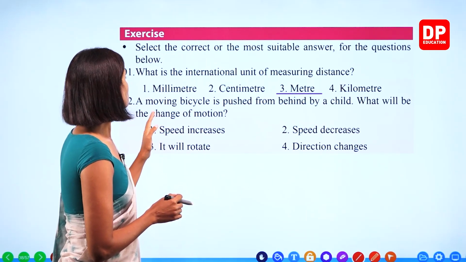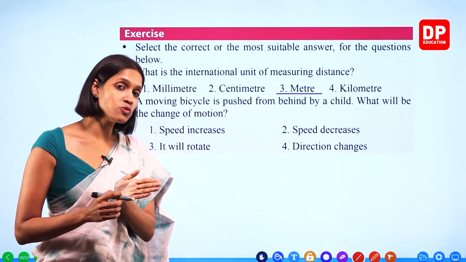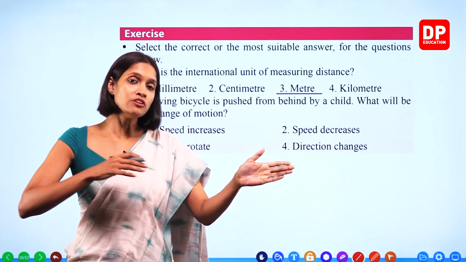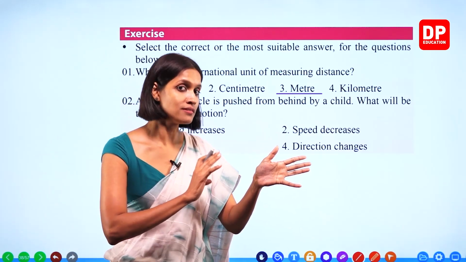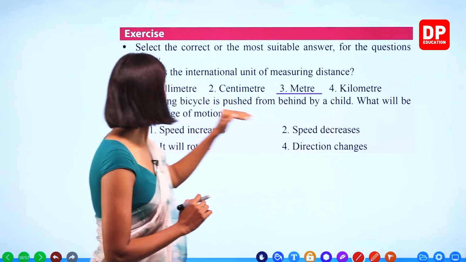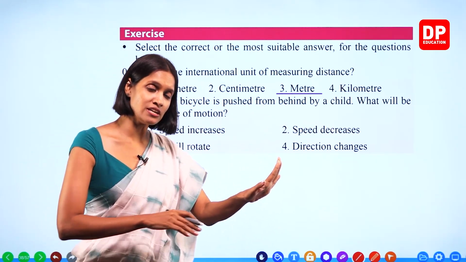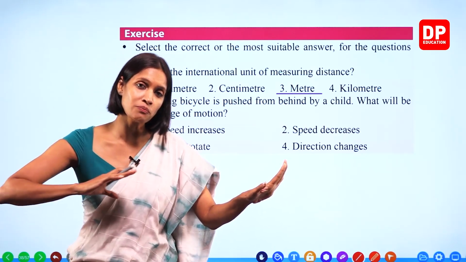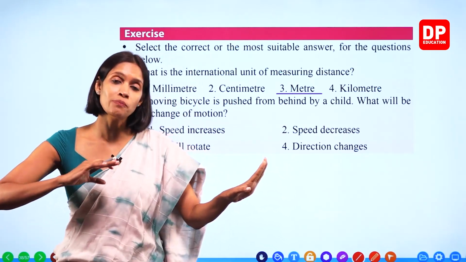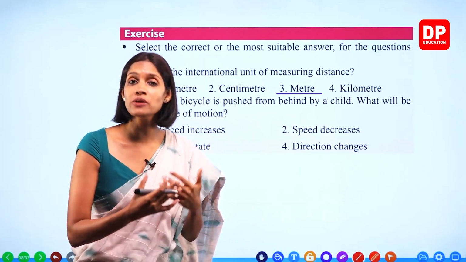Number 2. A moving bicycle is pushed from behind by a child. When it is moving in one direction and you push it from behind, what will be the change of motion? If someone goes and pushes it from behind, which means you apply force in the same direction of moving, what will happen to the speed?